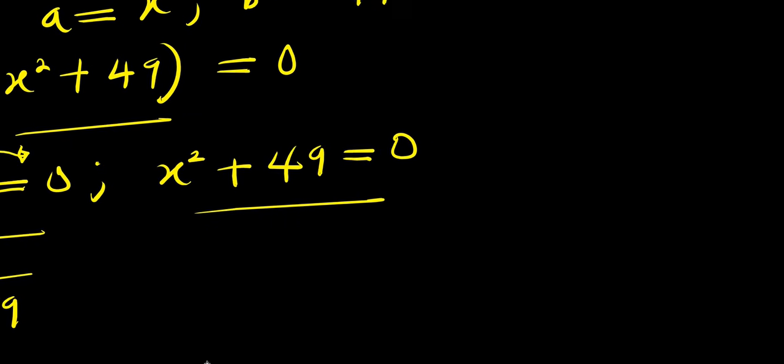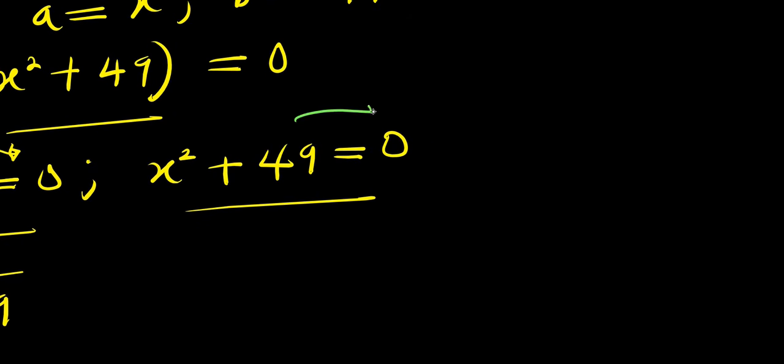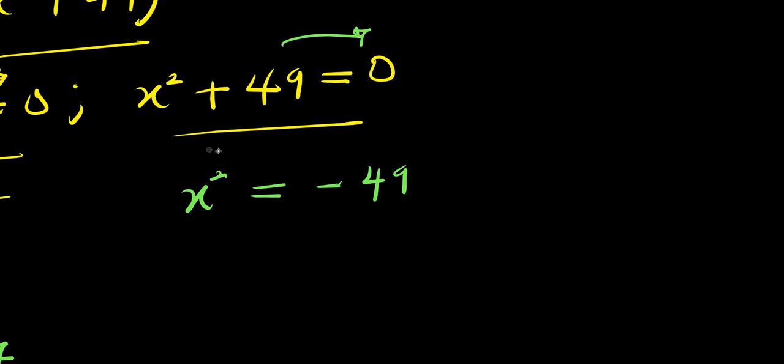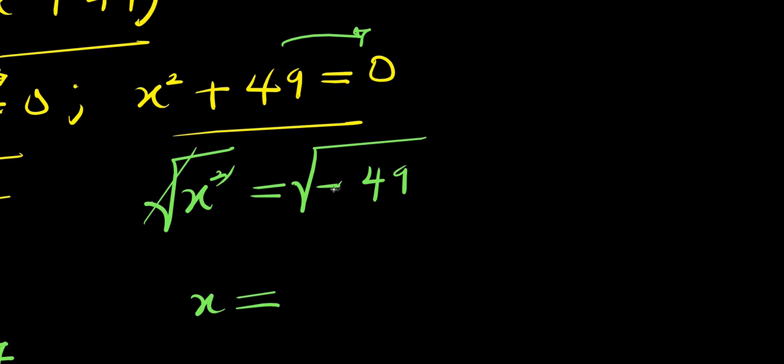Now, to solve this other one, I need to take this over here. We have x squared equals negative 49. From here, we take the square root again. So this cancels this. I have x equals the square root of negative 1 times the square root of 49.